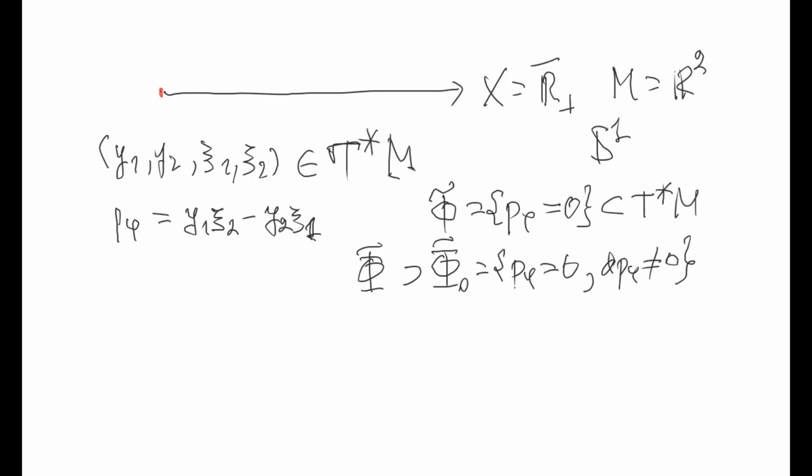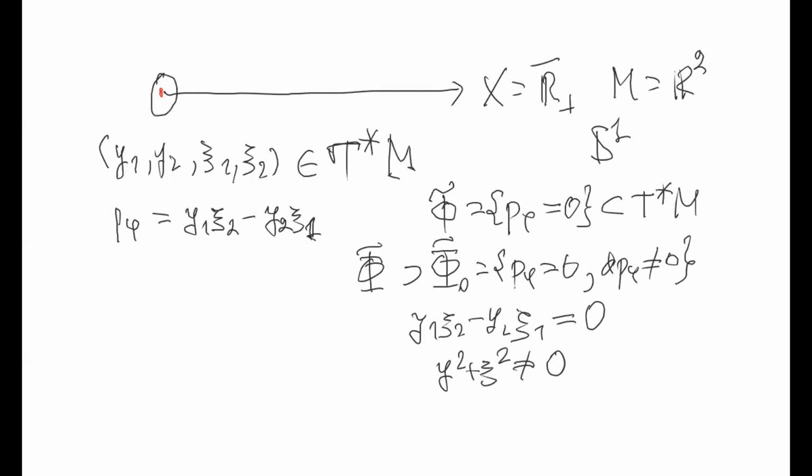Another description would be as follows: y1 xi2 minus y2 xi1 is 0, but at least one of the values y or xi is non-zero. So you see that over the boundary point here, we have very many points of this phi naught, because y may well be equal to 0 as long as xi is not 0.